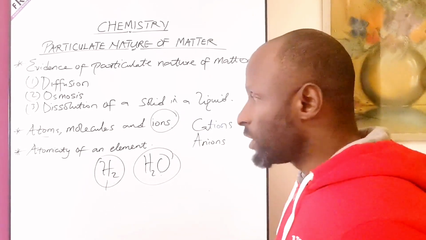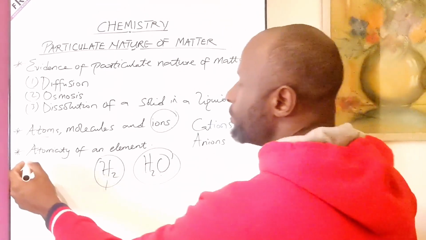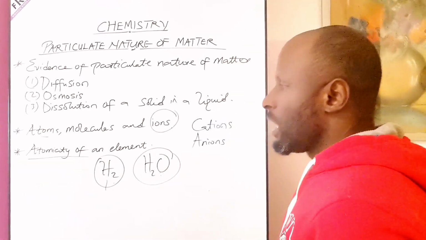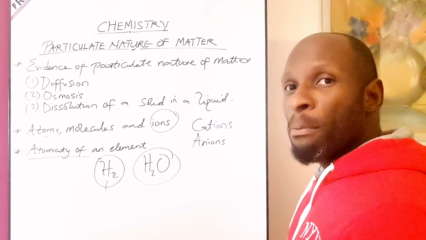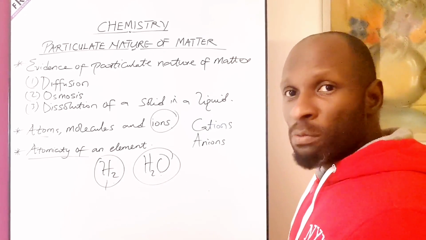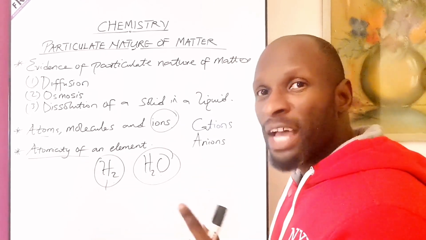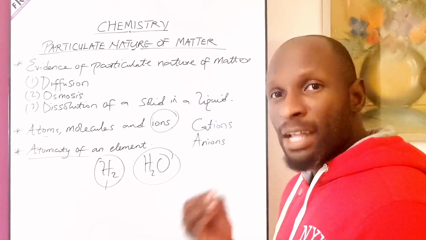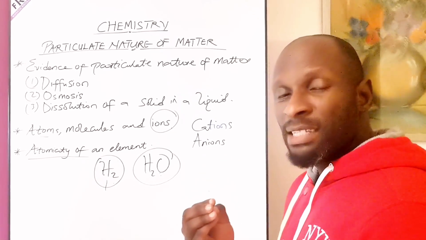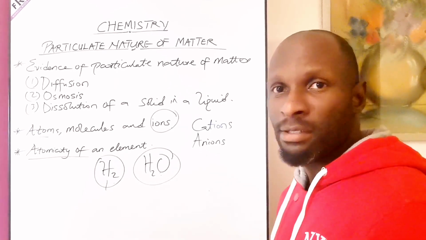Okay? Great. Okay. So when we now talk about atomicity, atomicity of an element refers to the number of atoms that make up a molecule of that element. Number of atoms that make up a molecule of that element.